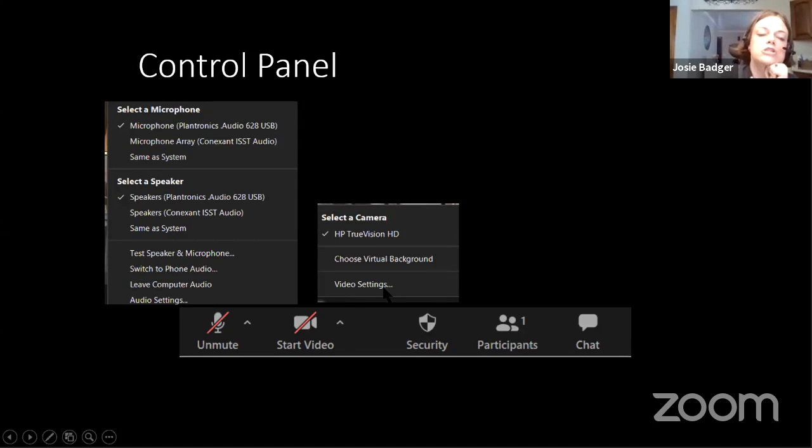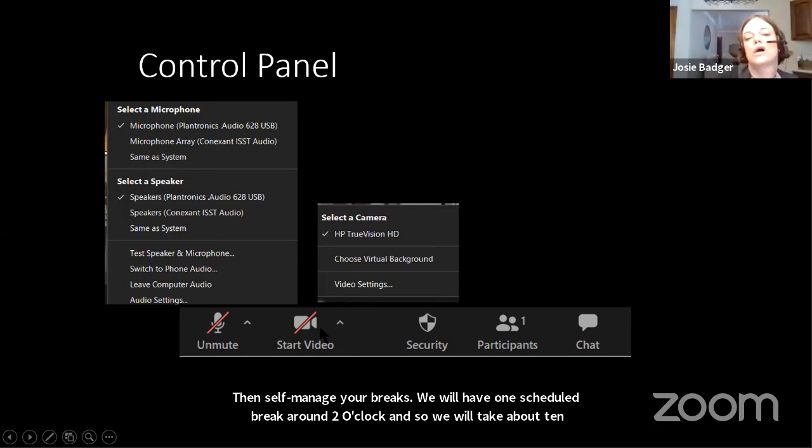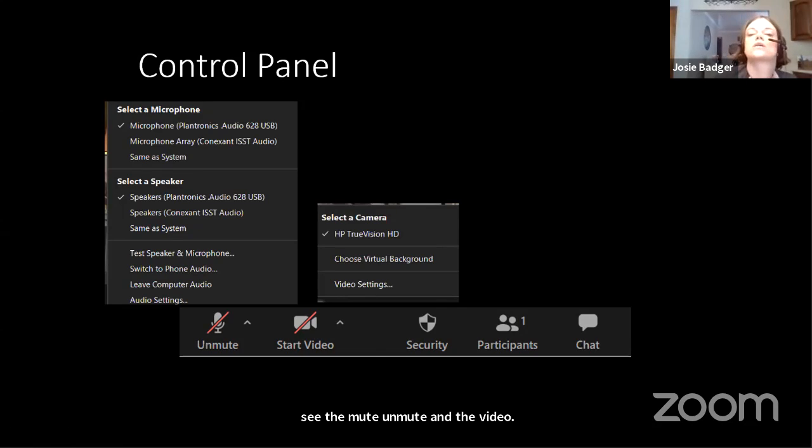Here you can see the mute, unmute, and the video. If you do not want to be on this recording of all of us that I'm going to sell for thousands of dollars, kidding, then you don't have to show your video. That is your choice. The little tiny arrows beside mute, unmute, or start video will show some of the settings if you're having any trouble.